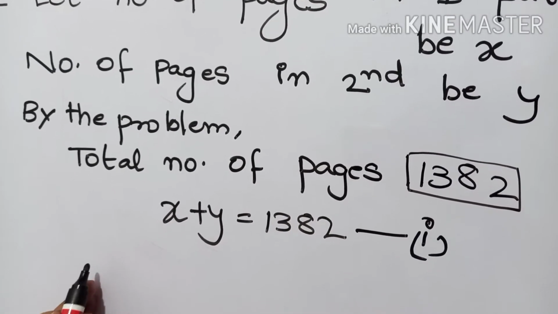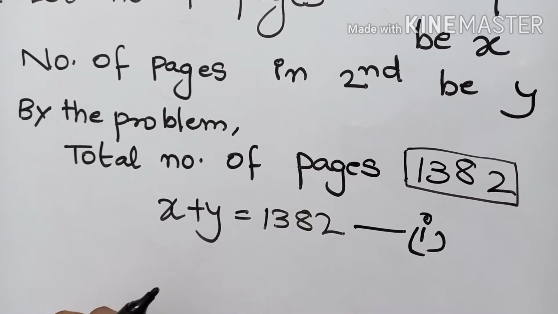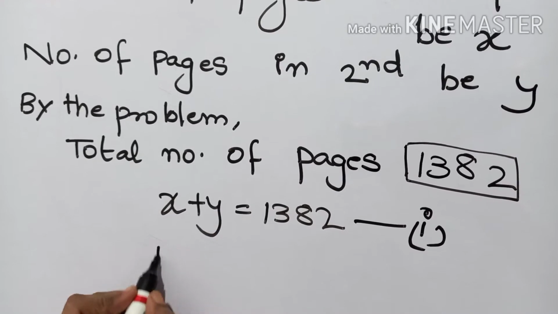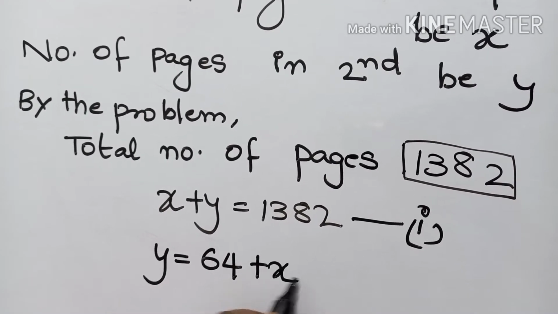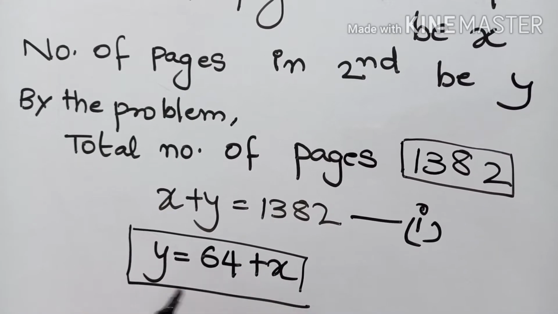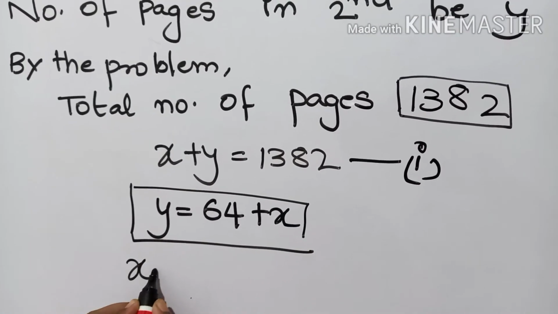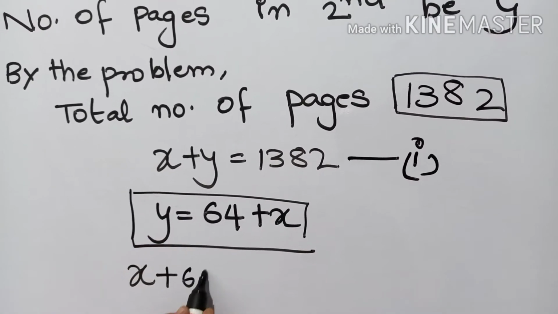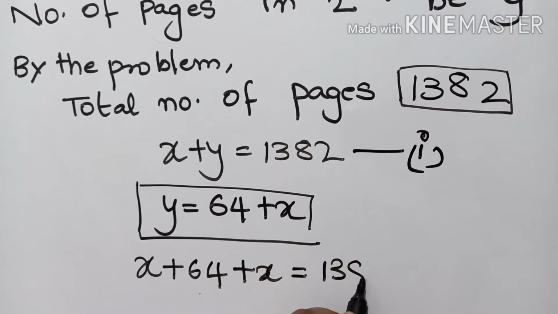Now in the second part of the question, they have given the second part is 64 more than the first part. That means y is equal to 64 plus x. Now we have got the value of y in terms of x, which is 64 plus x. Now substituting the y value in the first equation, x plus 64 plus x equals 1382.